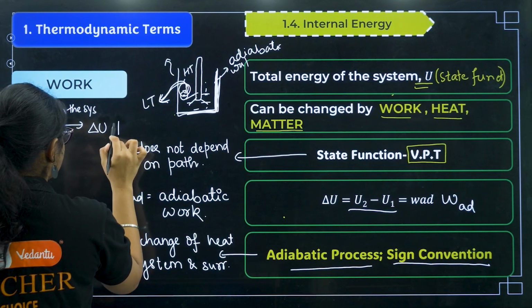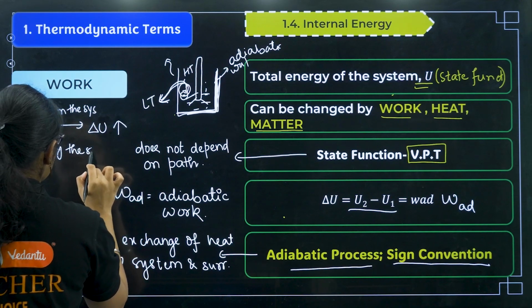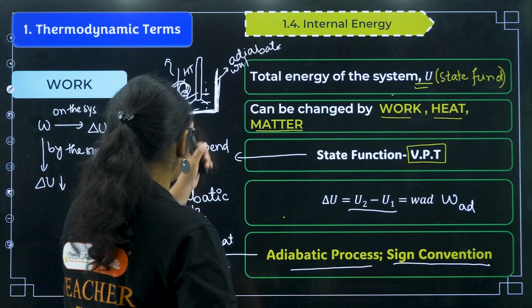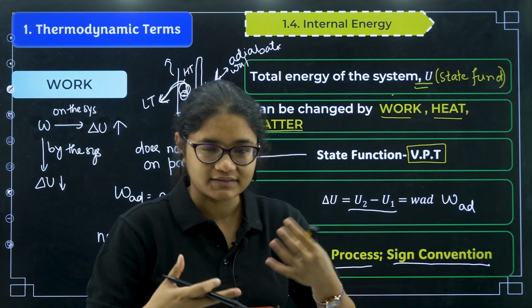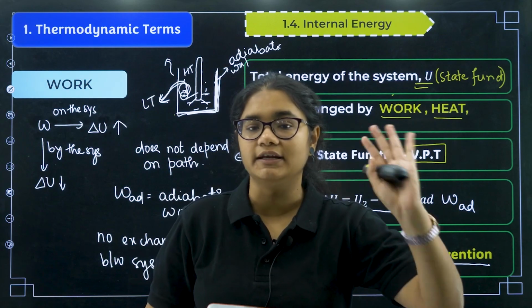Internal energy will increase, and if work is done by the system, in that case internal energy will decrease. Now here what we are doing, when you are churning, you are disturbing the system, you are doing work on the system, so internal energy will increase.